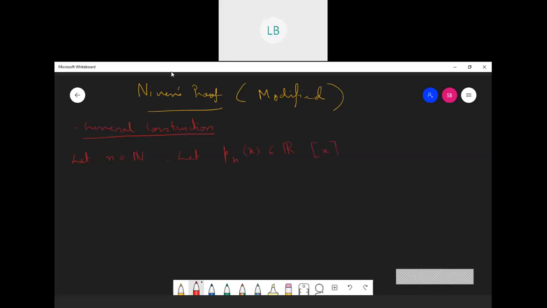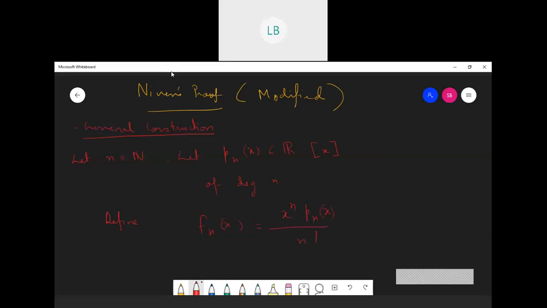This is the notation for saying that P_n(x) is a real polynomial of degree n. Then we define f_n(x) to be x^n P_n(x) divided by n factorial.